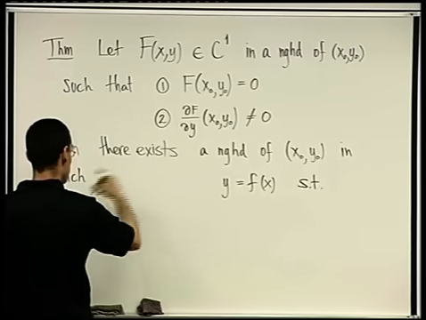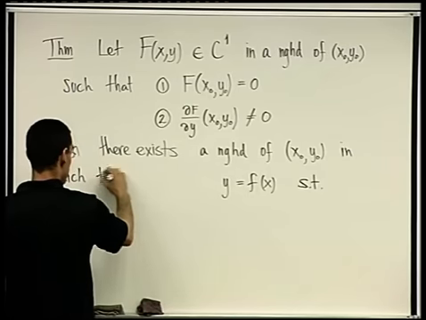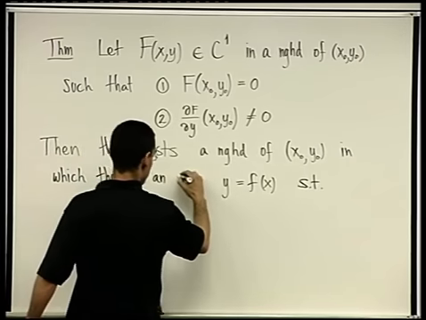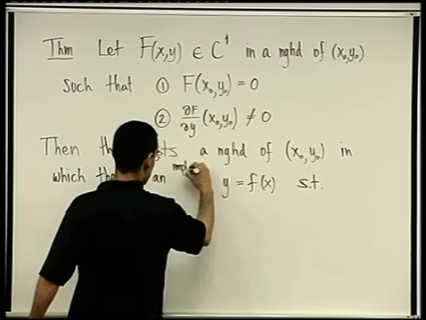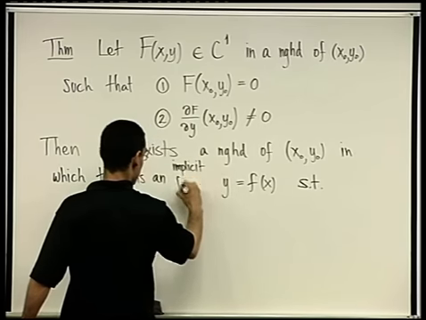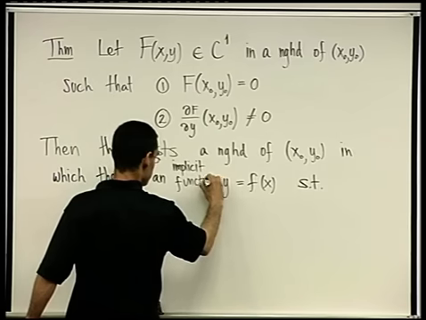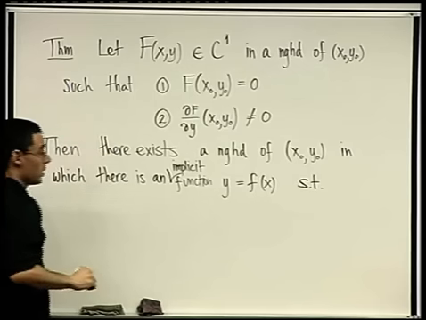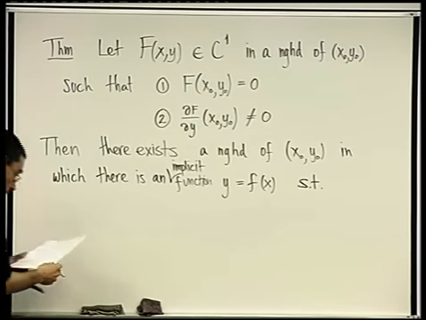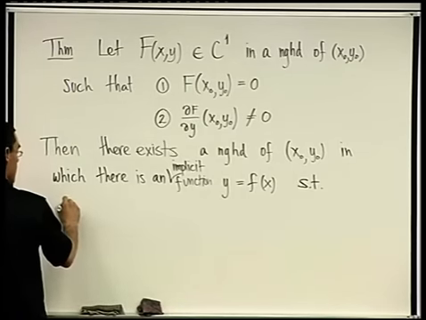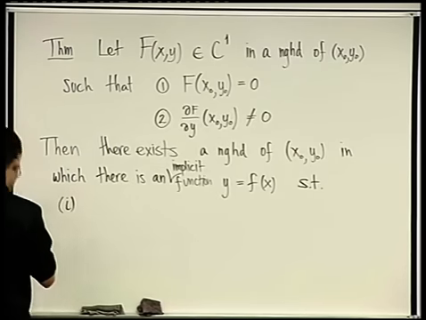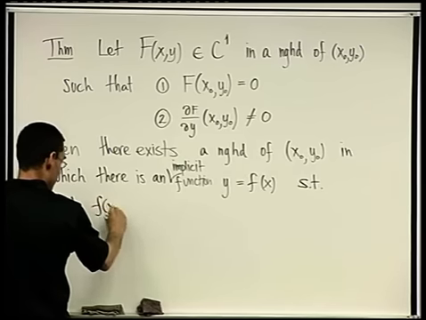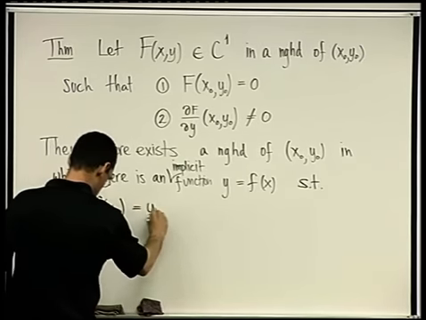There exists a neighborhood in which there is an implicit function y equals f of x, such that, let's call it little 1, little f of x0 is y0.